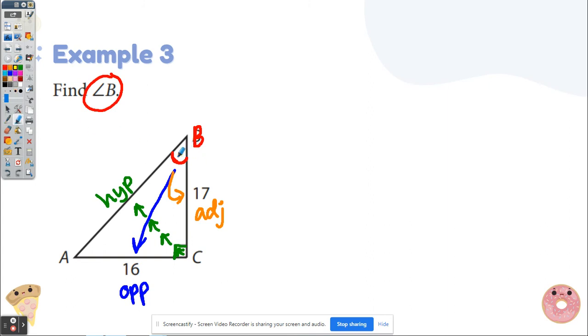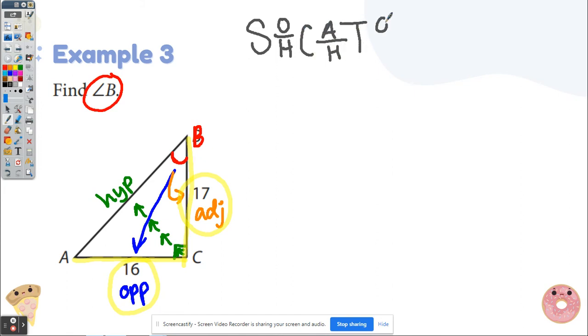In order to find angle B, because it's completely unknown, you need to have two values. I have a value for adjacent, it's 17, and I have a value for opposite, it's 16. So which one would you use out of SO, KA, and TOA if you're going to use the ones that are circled in a highlighter? Opposite and adjacent, that is TOA.